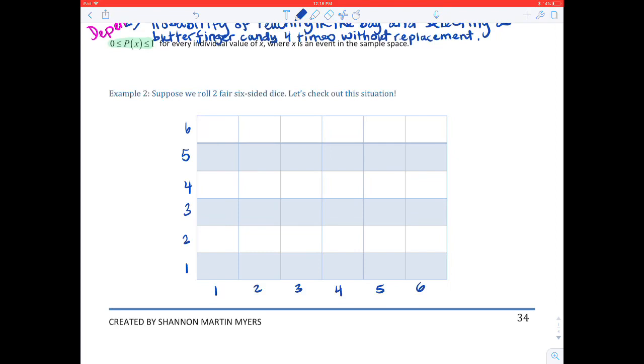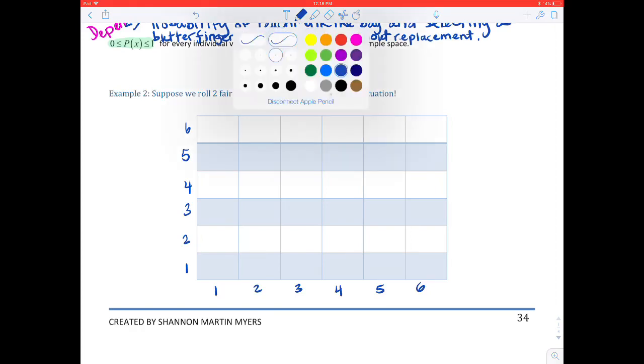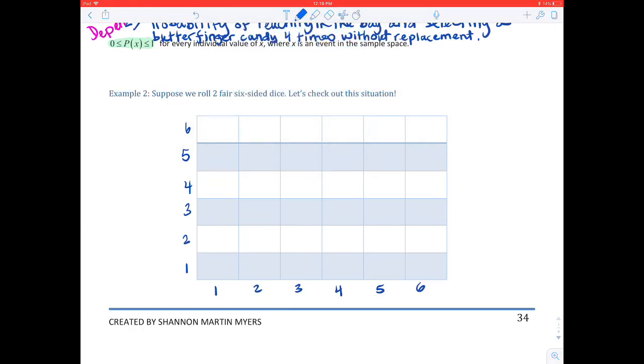And let's see, what we're looking at is, okay, what are the possible sums that we can get in rolling 2 dice? So if you roll a 1 and a 1, what can you get? Good. 2, and you just kind of work your way. A 1 and a 2 would be 3. 1 and 3 would be 4. 1 and 4 would be 5. And then 6, and then 7.